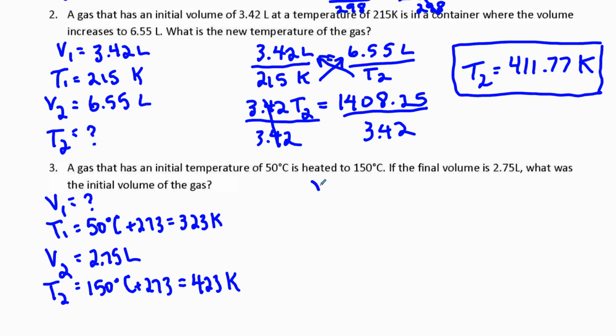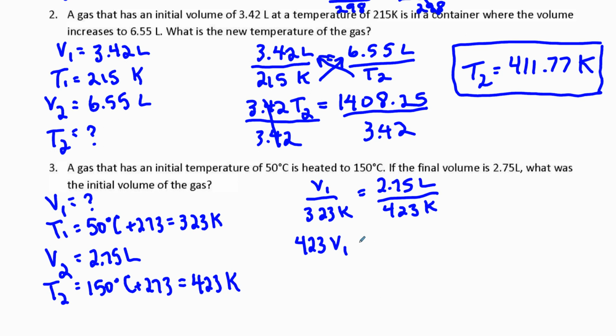Okay, so let's fill in what we know. V1 divided by T1 equals V2 divided by T2. If I cross multiply, I get 423 times V1, 2.75 times 323 is 888.25.